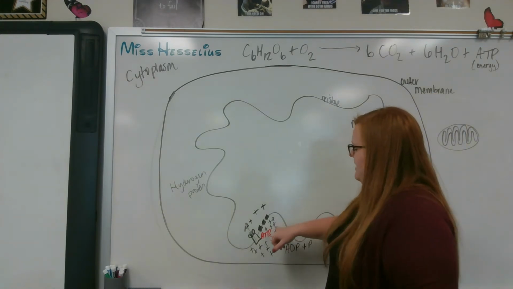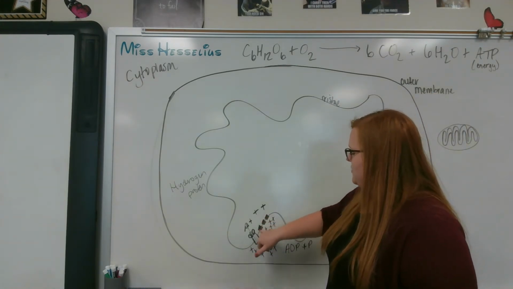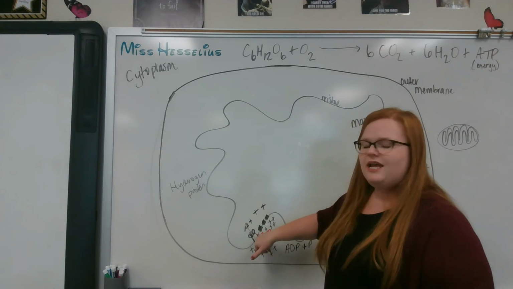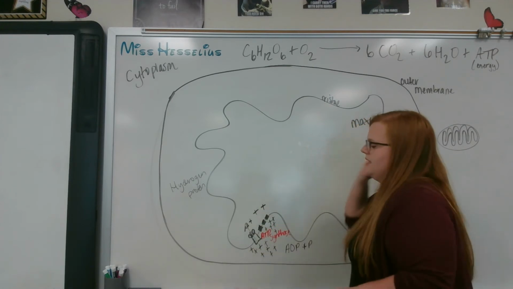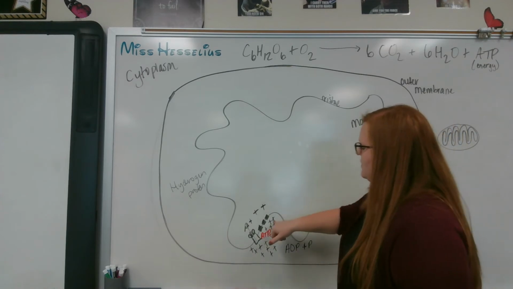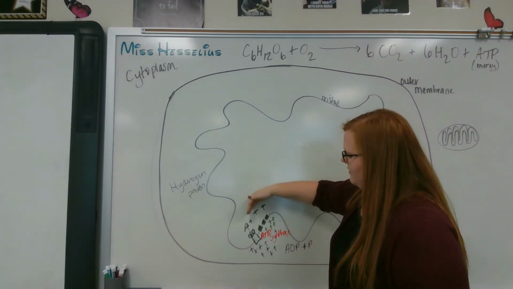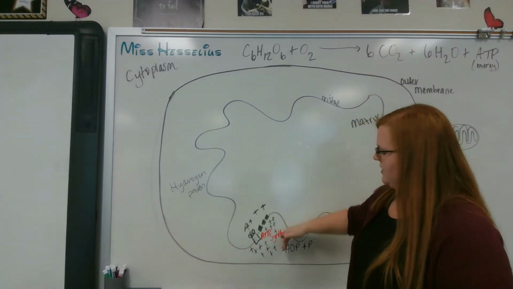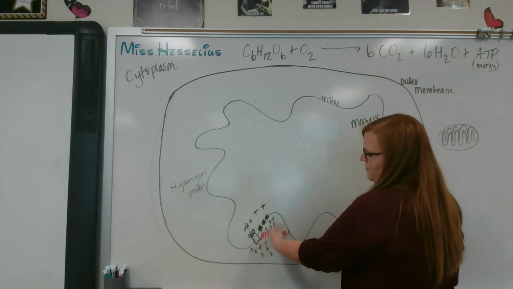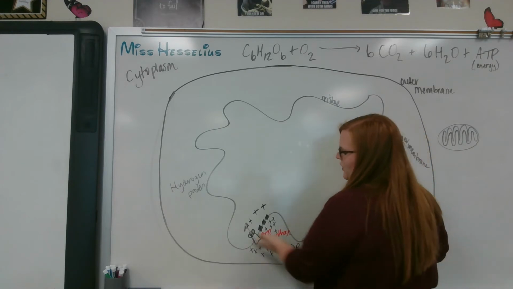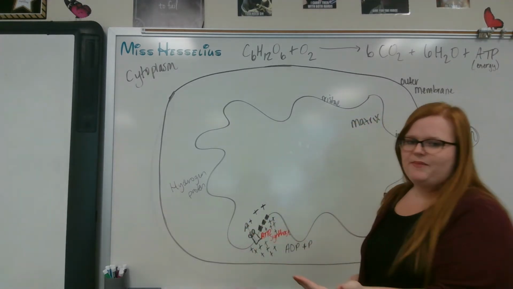Okay, so now we're going to get to the proton pumps. There's 3 proton pumps for every ATP synthase enzyme protein channel. And they pump protons from one side of the inner membrane to the other, because they have to make a high concentration of protons to flow back through using passive transport.